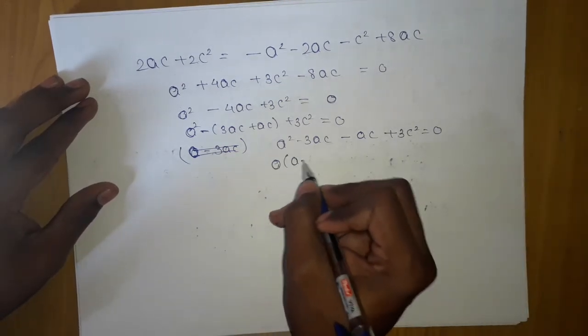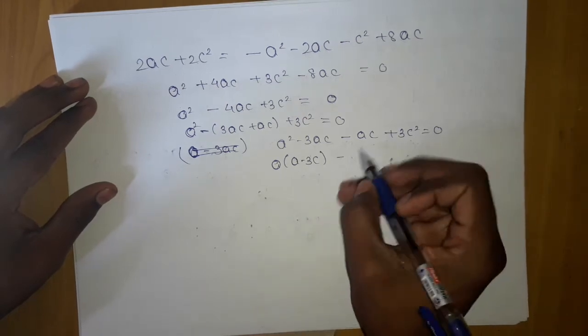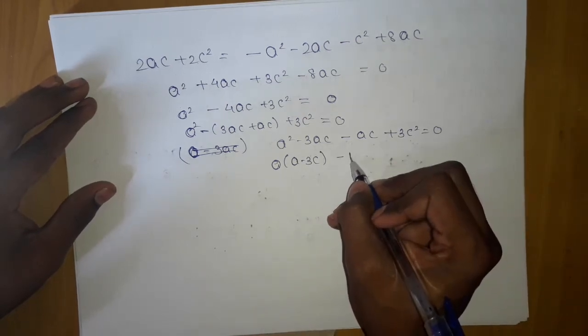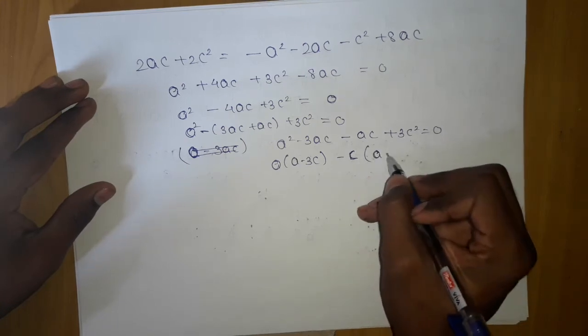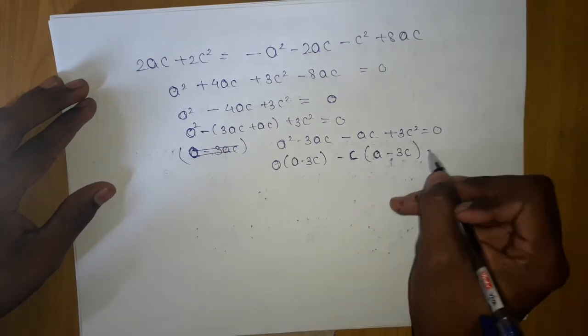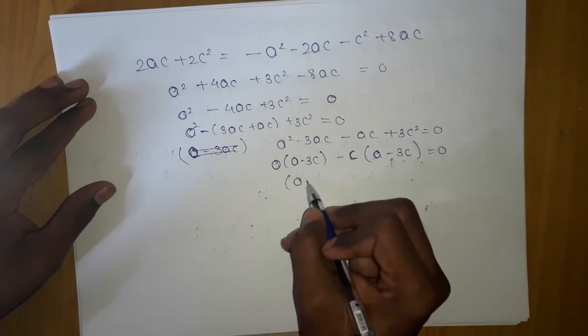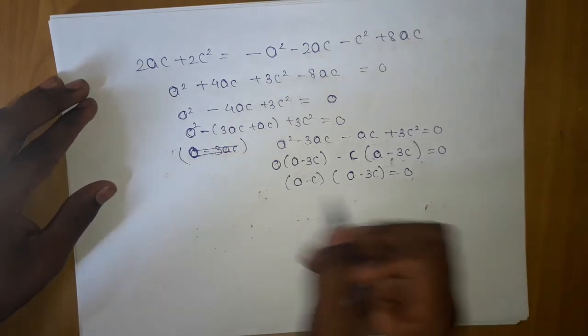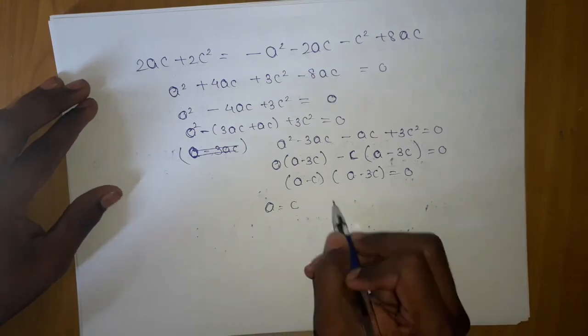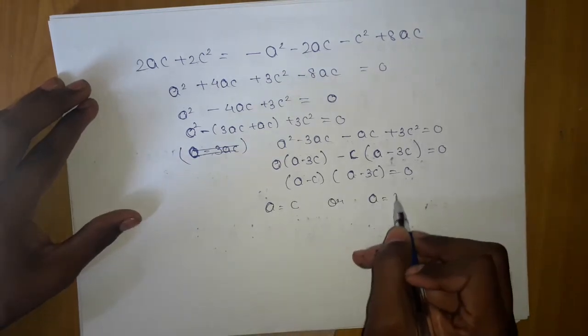So a into (a minus 3c) minus c into (a minus 3c) should be equal to 0. What we are getting is (a minus c) and (a minus 3c) equal to 0. So a can be equal to c or a can be equal to 3c.